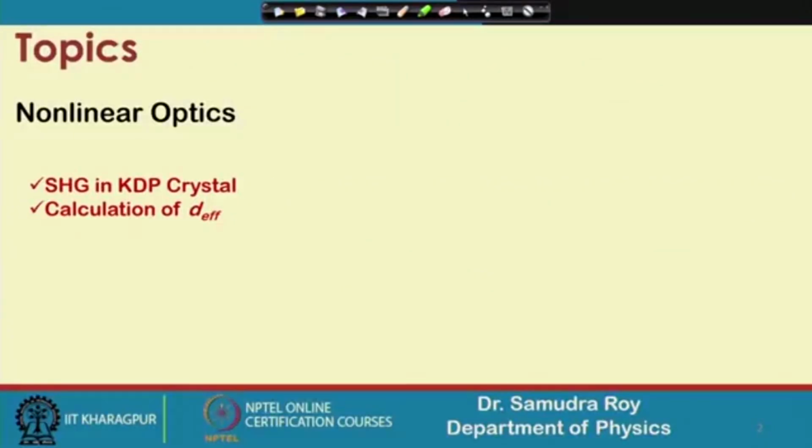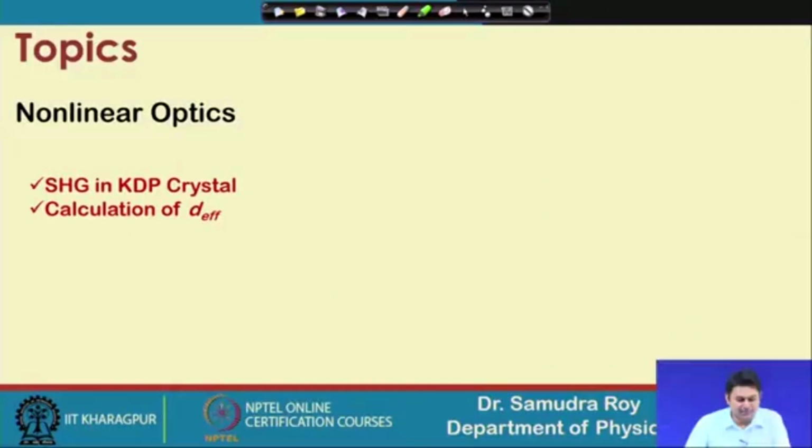Today we will continue this process because we find that even when phase matching is there for the k vector, there is still a possibility that there will be no nonlinear polarization. Phase matching may be there, but second harmonic may still not be there. So, phase matching is not the only major condition.